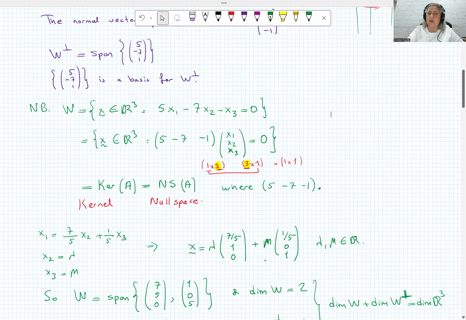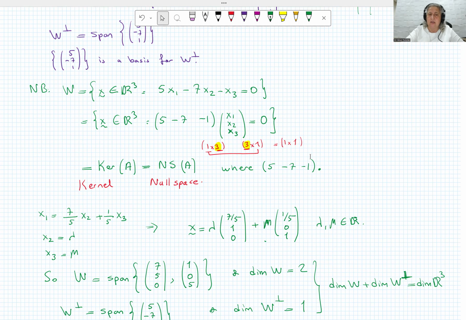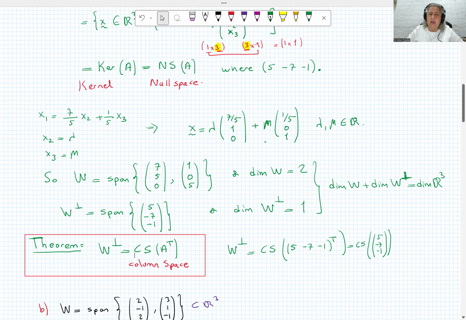And also we learned two things. W is the kernel of this coefficient matrix, and the orthogonal complement of W is the column space of A transpose. These two actually make your calculation a lot easier. You can use them directly. Since we have the matrix, it gives us an opportunity to do more compact calculations.